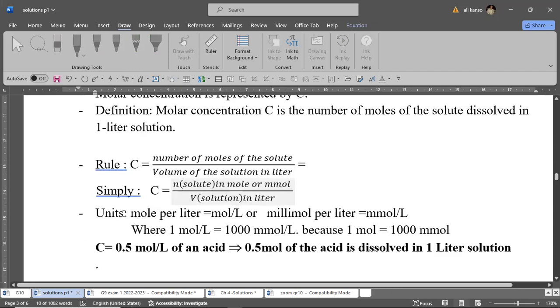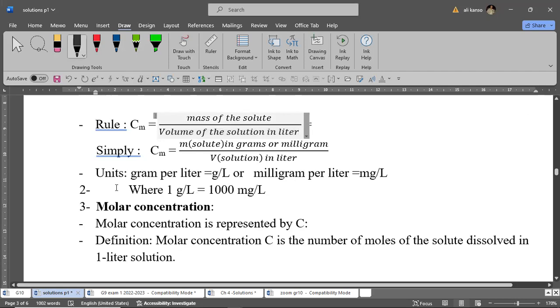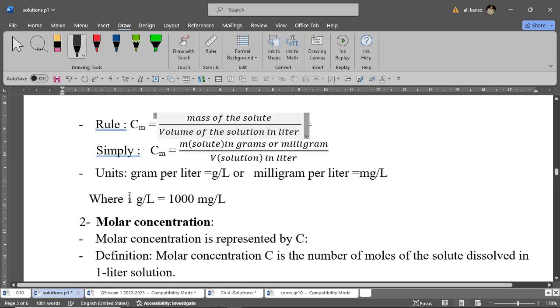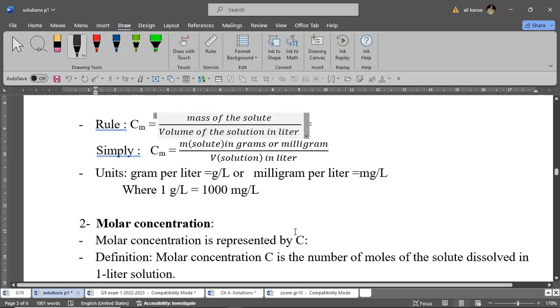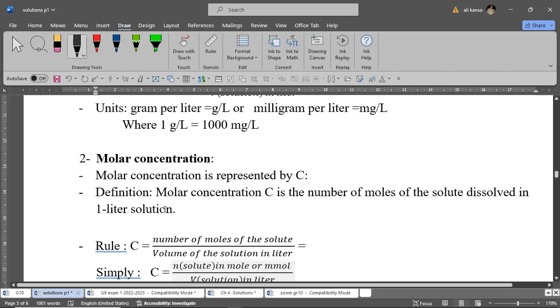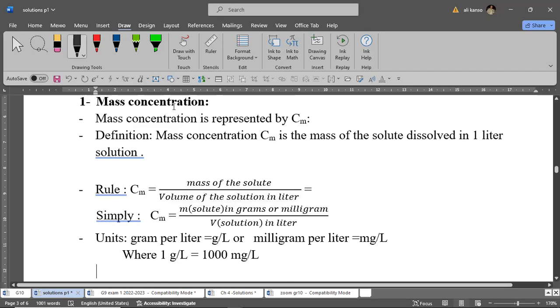If we jump to the molar concentration, it is represented by C, and it is the number of moles of solute over the volume of the solution. Mass of solute over volume of solution we call mass concentration.